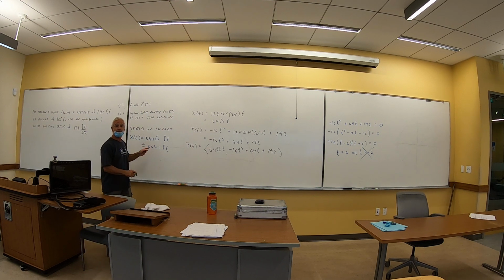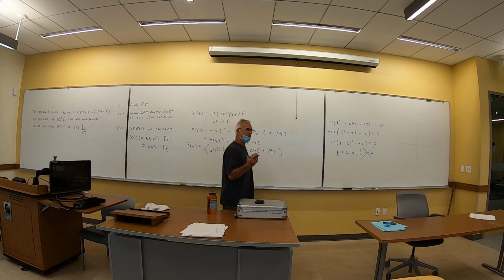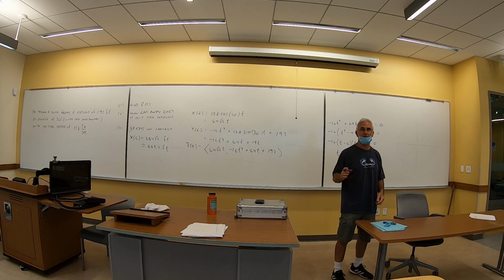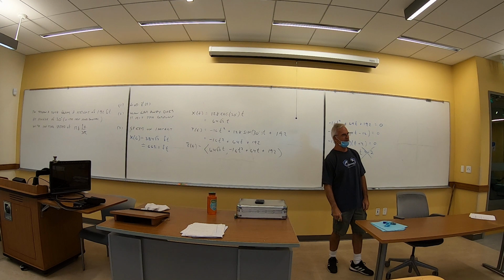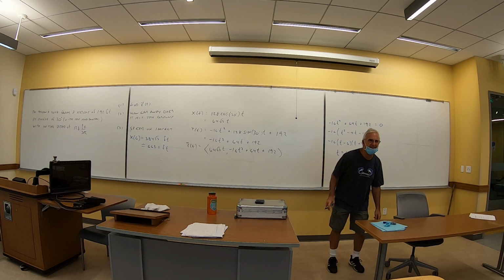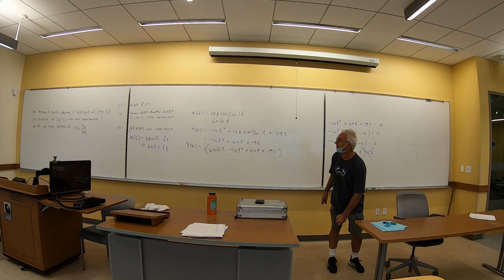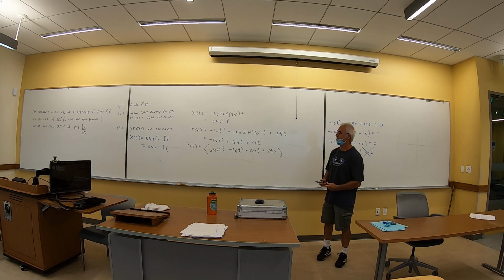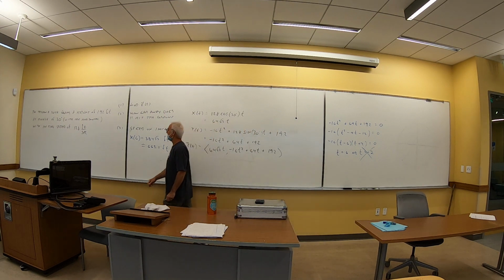But I would kind of like having a feeling in my head, because what if I had some outrageously large root and I have no idea, and it turned out it was 1,000,000 feet away. You go, you know what, that might be a little big. This is also a way of checking, does that answer make sense? Yeah, I'm really high up in there. I threw this thing really fast and it landed over 600 feet away. I mean, you probably couldn't throw it that fast. That's really fast. Okay.